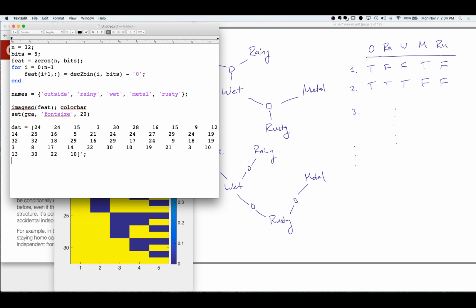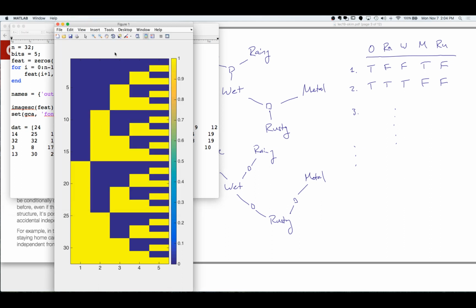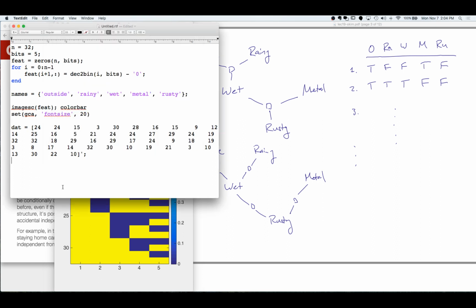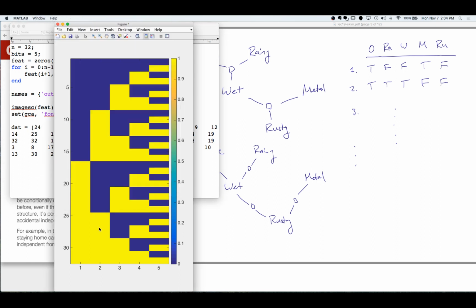And so what I've done is I've assigned an integer to each one of these possible values, and the integer is between 1 and 32. And so, for example, 24 corresponds to the 24th row here, where we have outside, not rainy, wet, metal, and rusty, right?